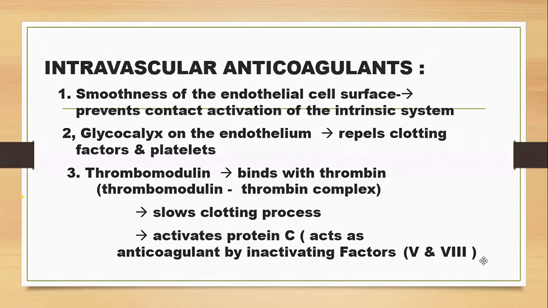Okay. So, intravascular anticoagulants. Why is it that the blood in circulation, when it's not clotted, does not clot, and just goes in circulation? One of the factors that keeps the blood from clotting inside the blood vessel is the smoothness of the endothelial cell surface.